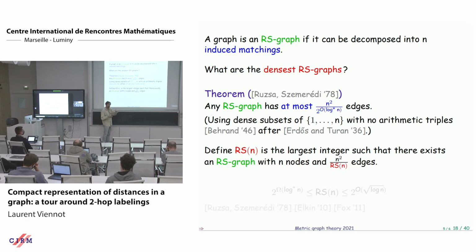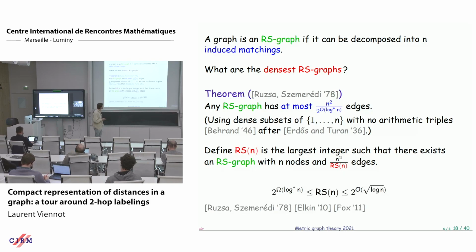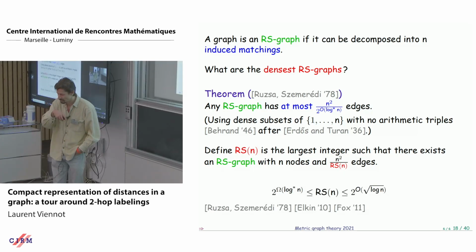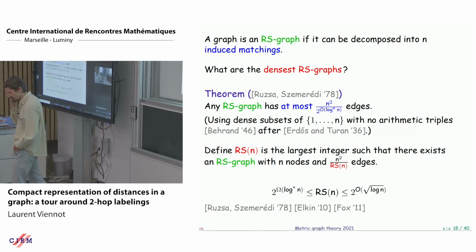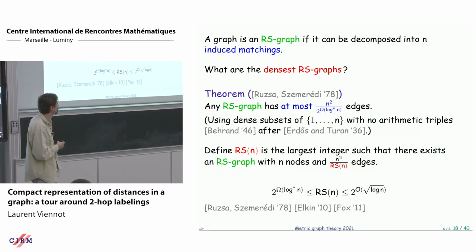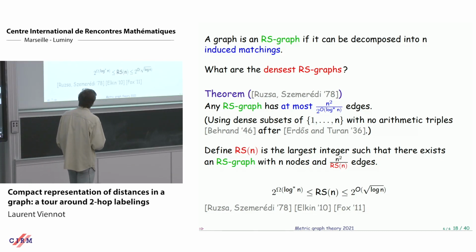So I call RS graphs those graphs you can decompose as a union of induced matchings with n nodes and at least n squared over RS of n edges. So if you want, n squared over RS of n is the maximum number of edges you can put in an RS graph.